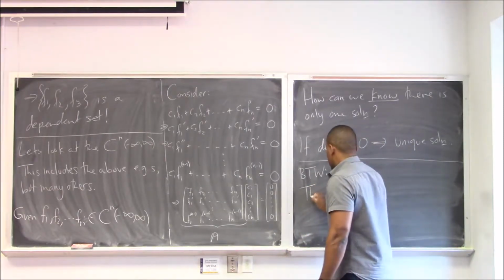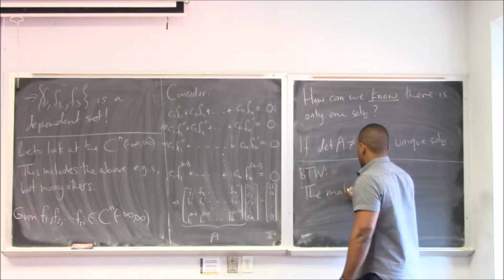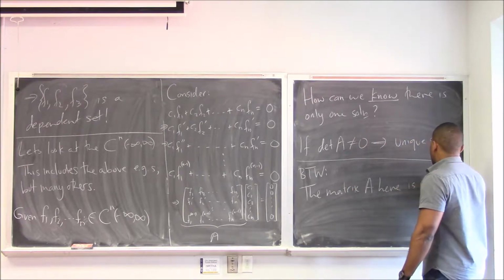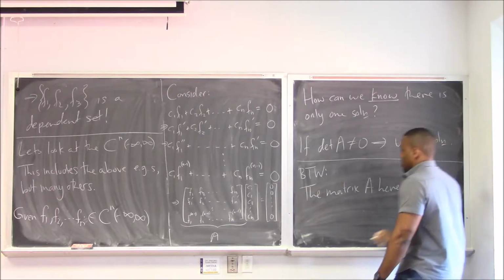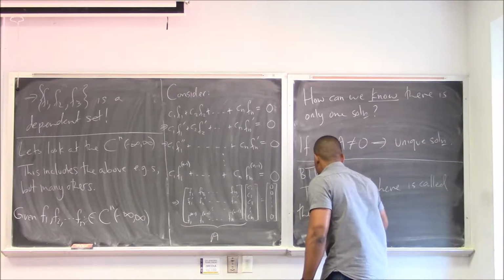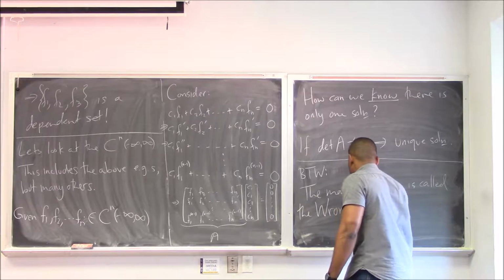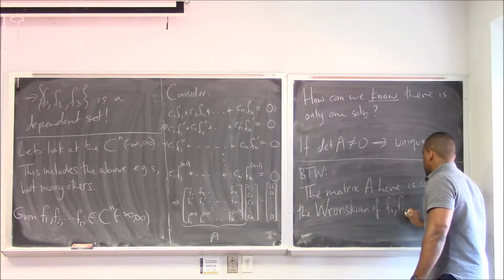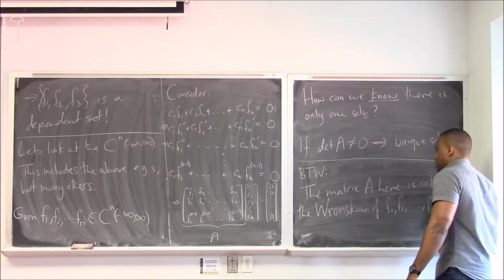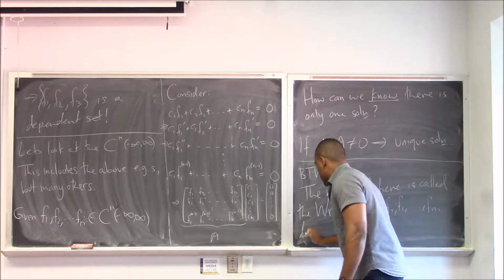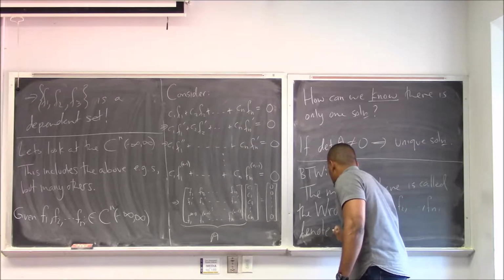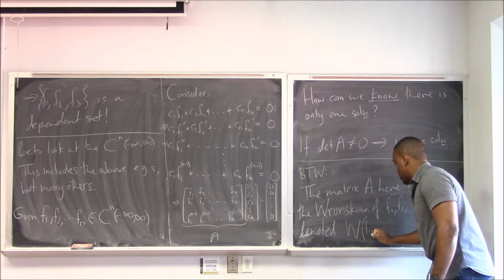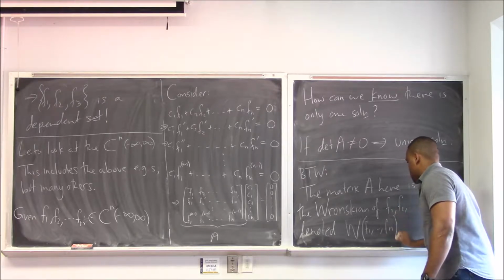The matrix A here is called the Wronskian of the functions f1, f2, ..., fn. We can denote it by W(f1, ..., fn).